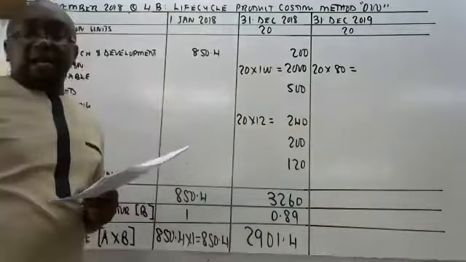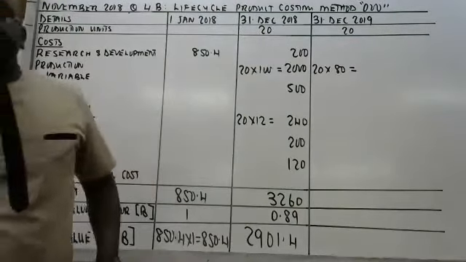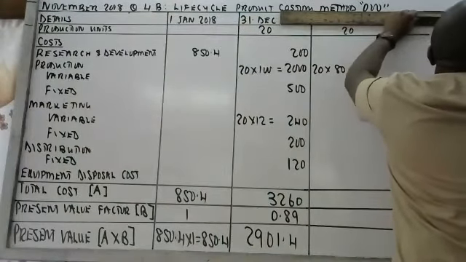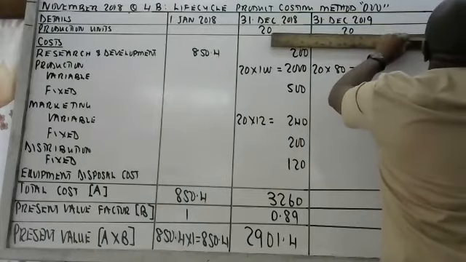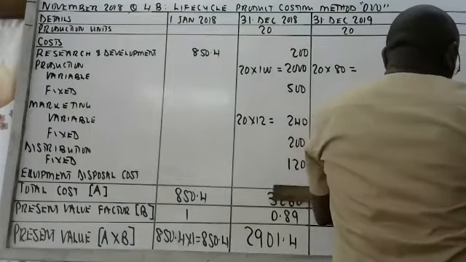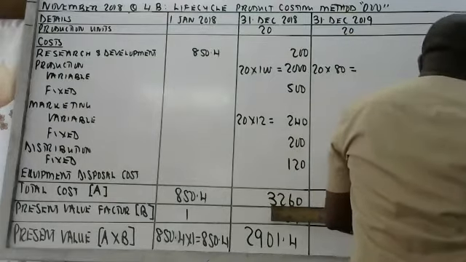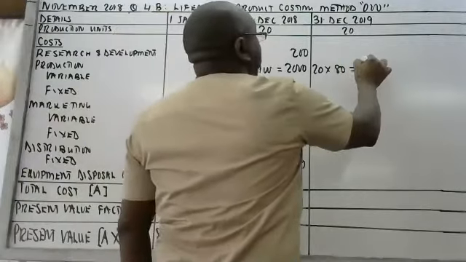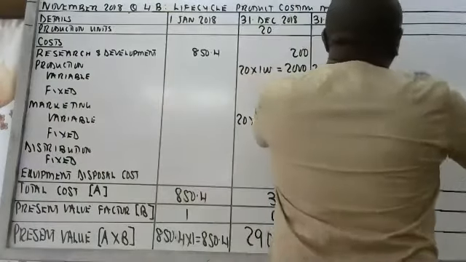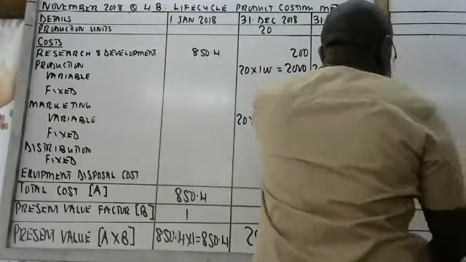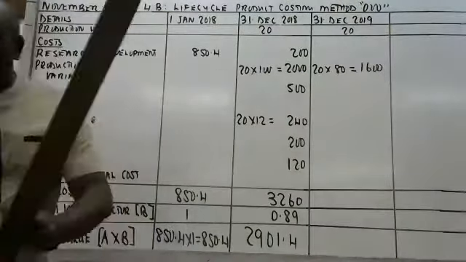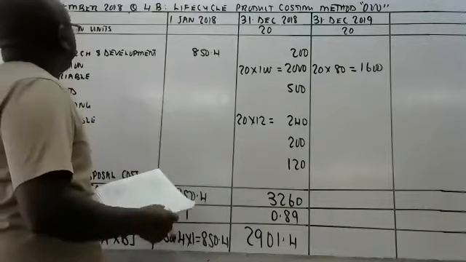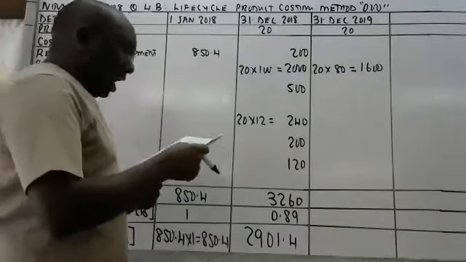So 20 times 80 gives us how much? 1600. Then there is no research, but the fixed is now 500.